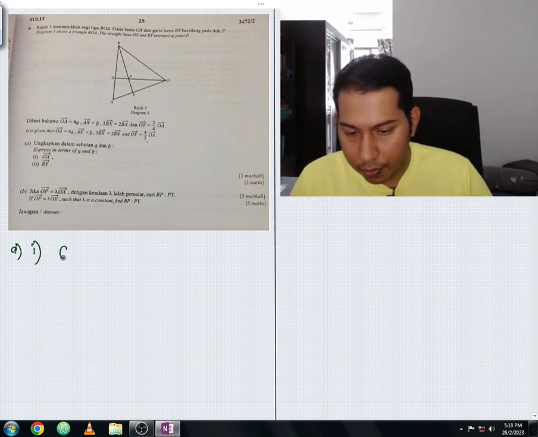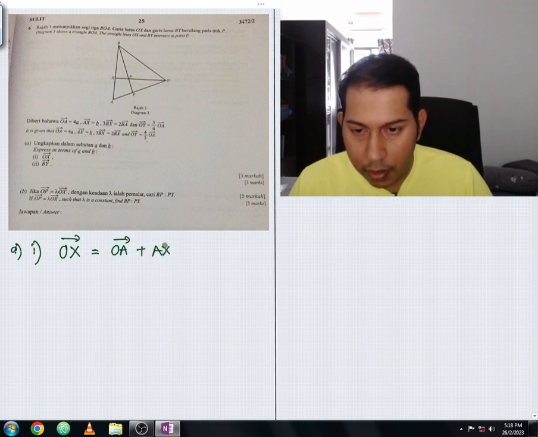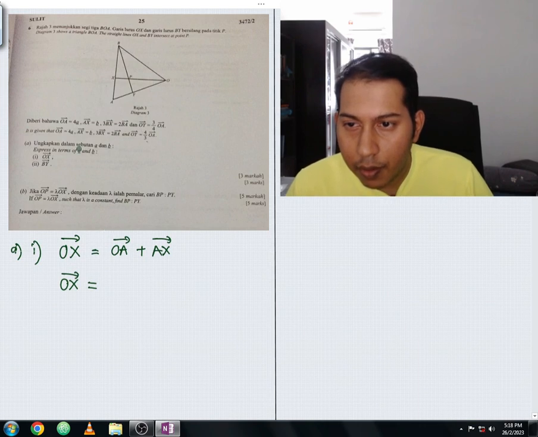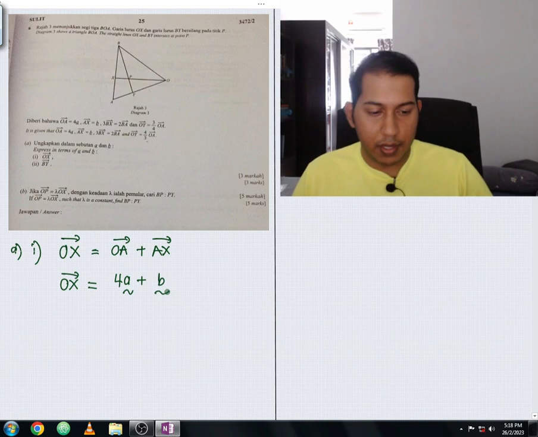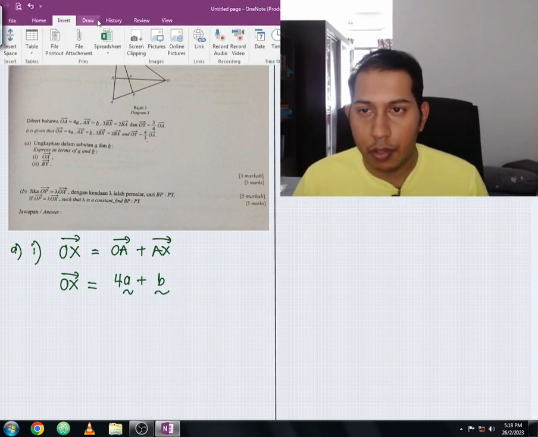So vector OX is equals to vector OA plus with vector AX. Okay, so from here vector OX will be equals to 4A plus with B. Okay, so this is your answer for the question 6A part 1. So let me underline the solution. So very short question.